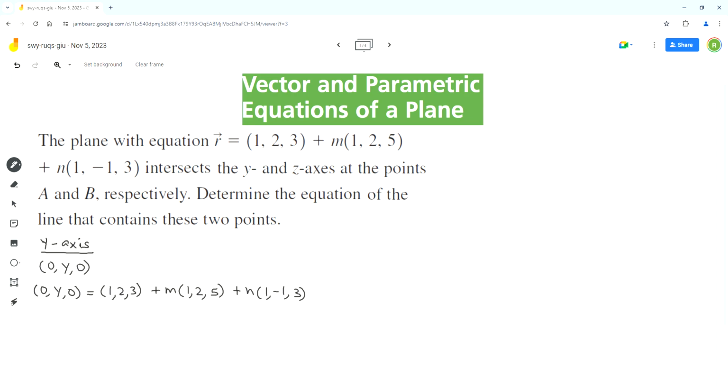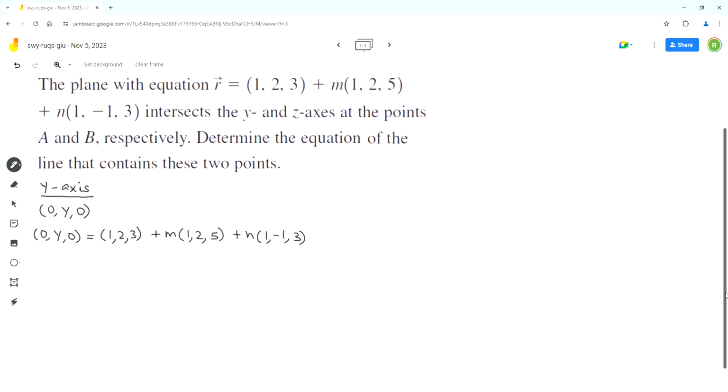Next, we can break up this vector equation into parametric equations. So let's start by writing the x equation, and for that we'll use the x components in these vectors. And we'll multiply the components of the direction vectors by the parameters m and n.